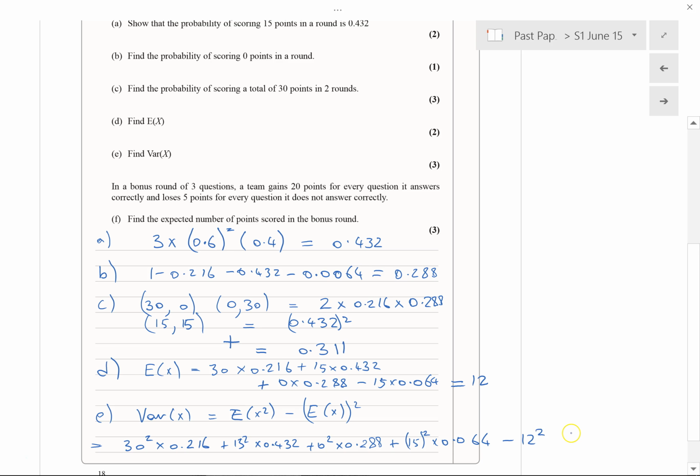And if you work all that out, that comes to 162.